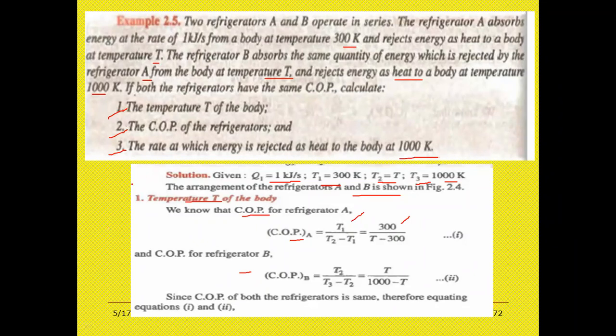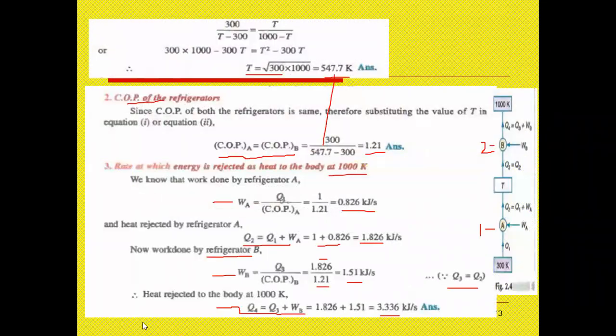So the third one, the rate at which the energy is rejected as heat to the body. When heat rejected is asked, the energy means Q2 or Q4. So here you are getting the Q4 answer.